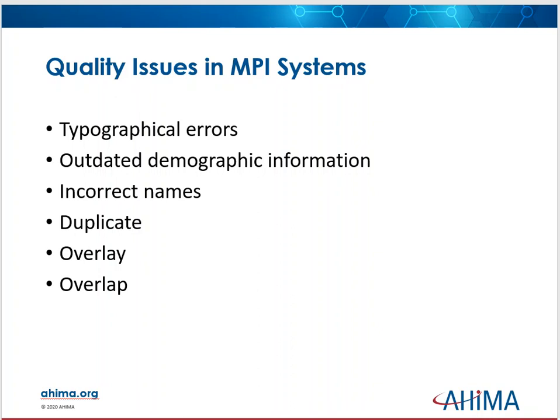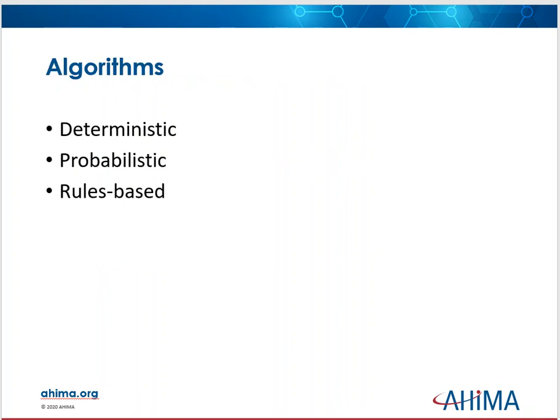And overlap is when you've got two medical record numbers in different systems and they were merged. There are also companies that come in and do investigative software analysis, for a large fee, to clean up your MPI.